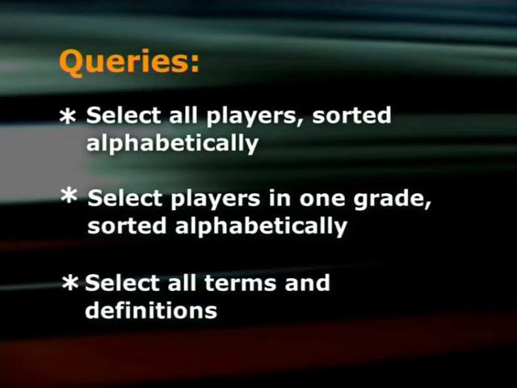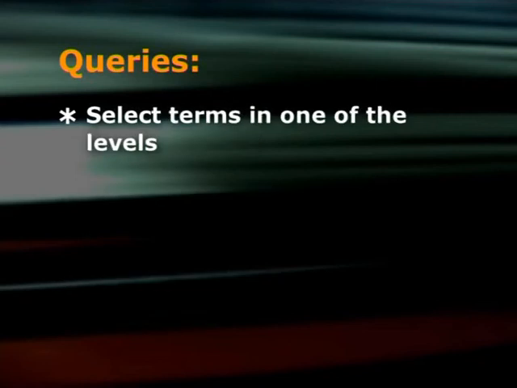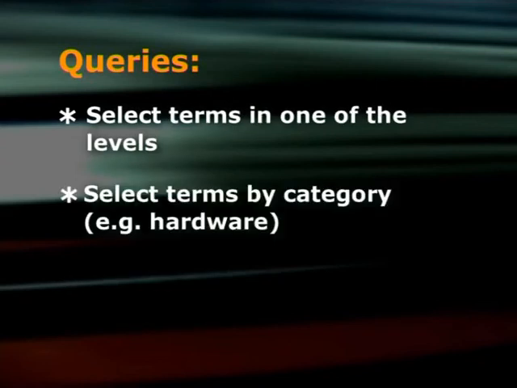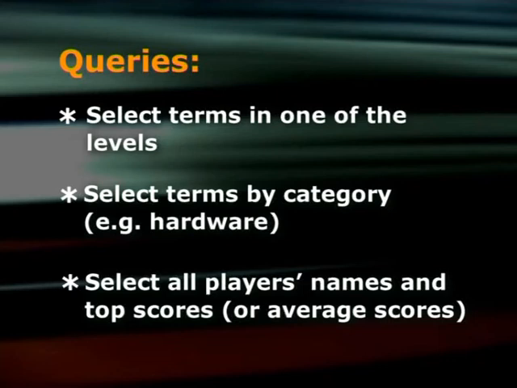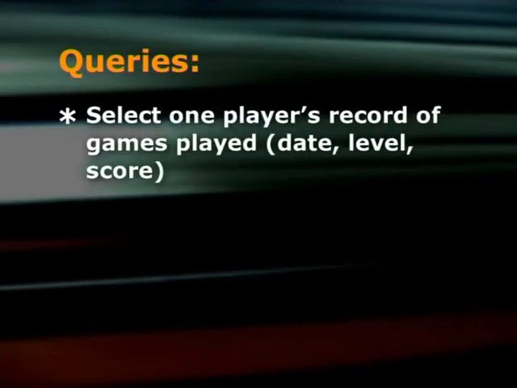Select all terms and definitions. Select terms in one of the levels. Select terms by category, for example, hardware. Select all players' names and top scores, or average scores. Select one player's record of games played including date, level, score.